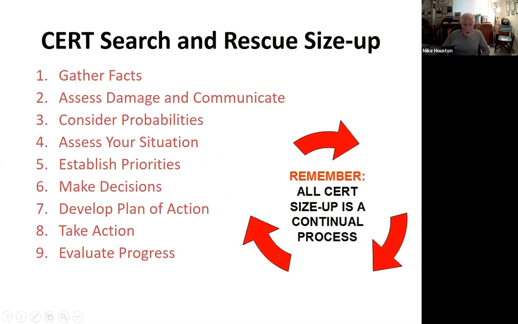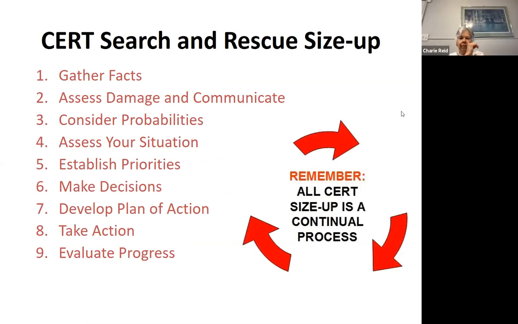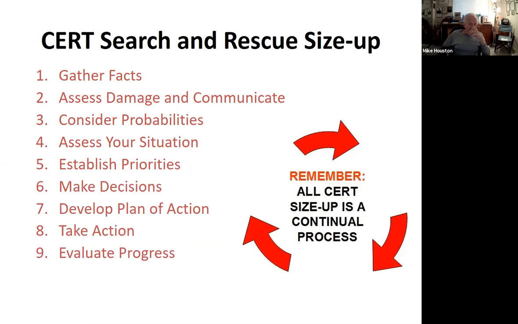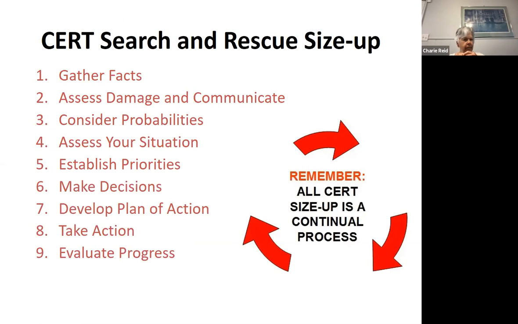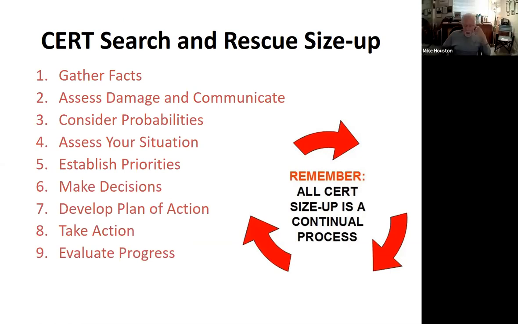Now here's a big slide with lots of words on it. You can read those as well as I. There's that word there, facts. Gathering the facts is very important. And the way you do that is you don't take somebody else's word for something, you verify.